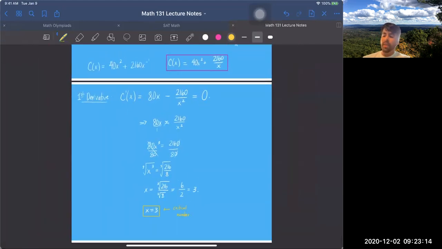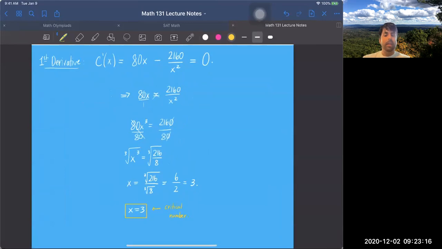And now I want to see whether or not this is exactly the minimum that I want. So I have to use the second derivative test just to make sure. And what's the second derivative? 80 minus, this becomes positive, 4320 over x cubed.